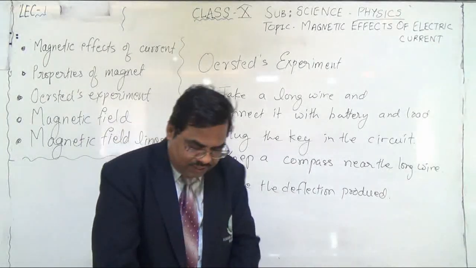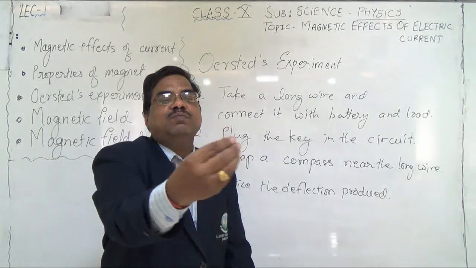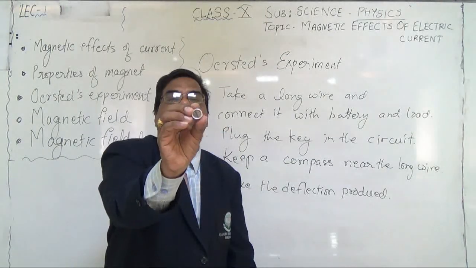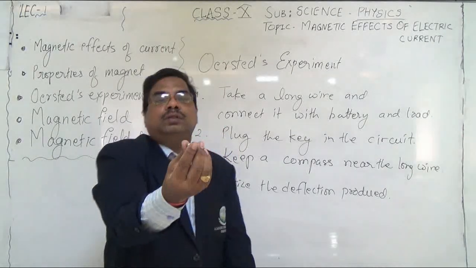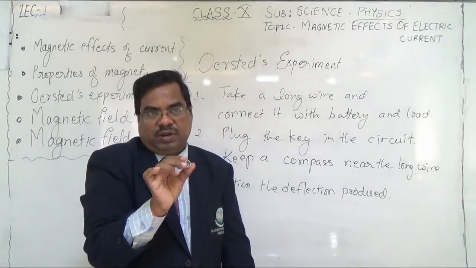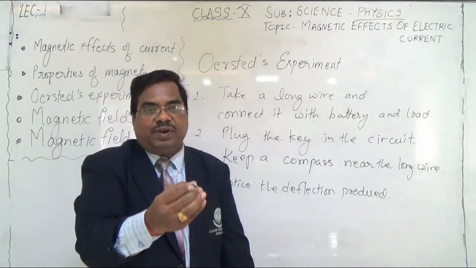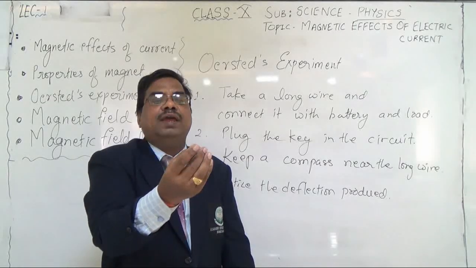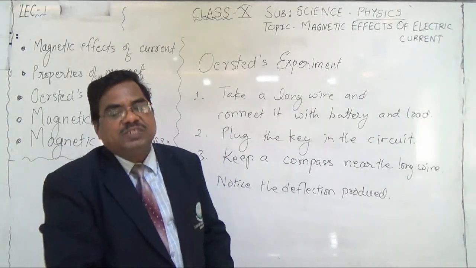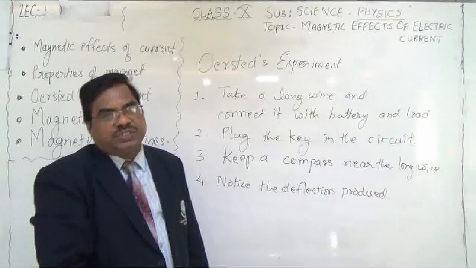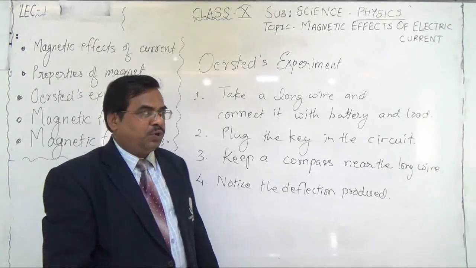The compass needle always shows north direction, and only if an external magnetic field is found will it change its direction. That change, small or bigger, is called deflection. So notice the deflection produced.